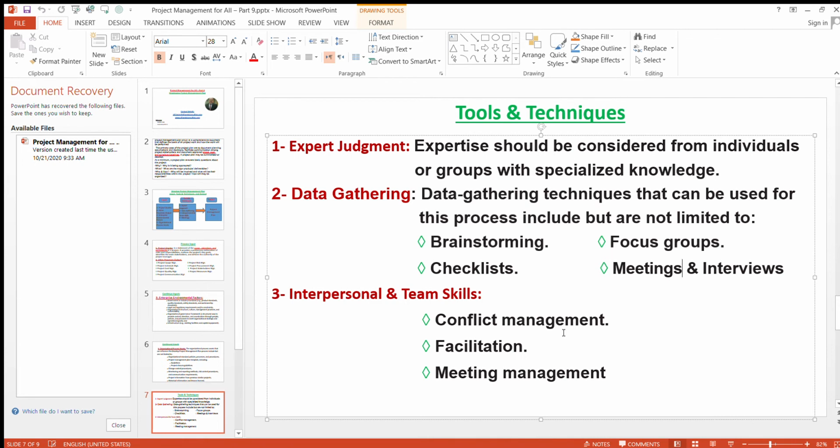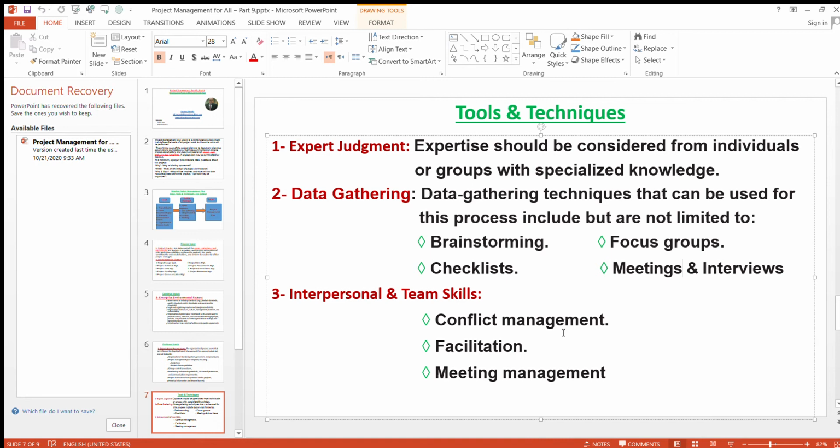Facilitation. Facilitation ensures that there is effective participation, that participants achieve a mutual understanding, that all contributors are considered, and the conclusions or results have full buy-in according to the decision process established for this project.